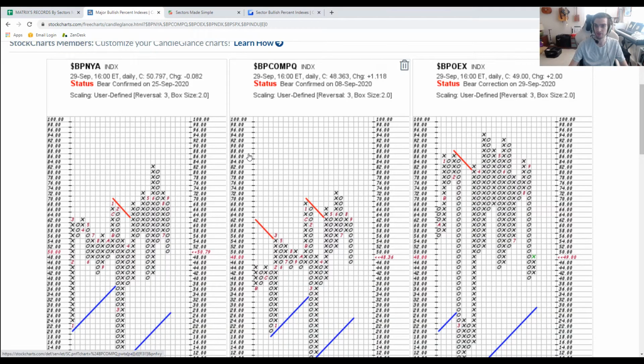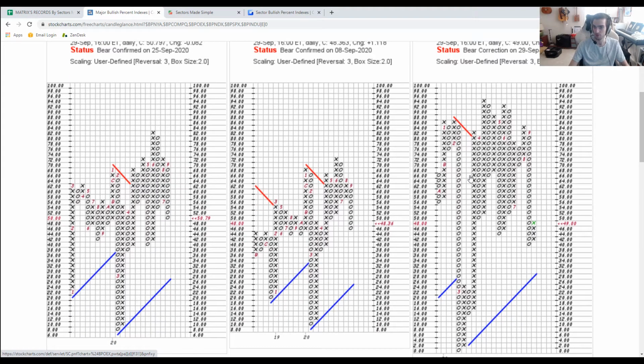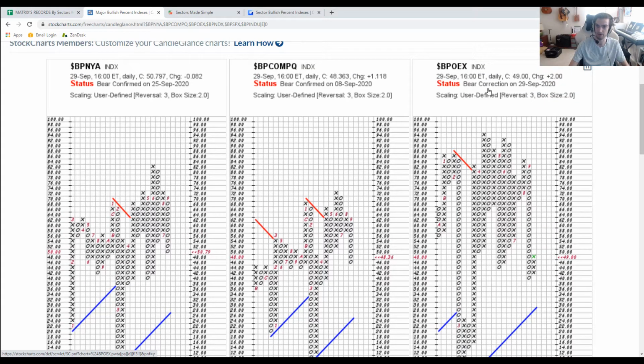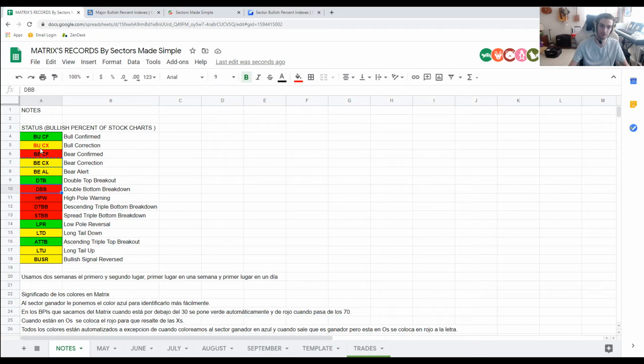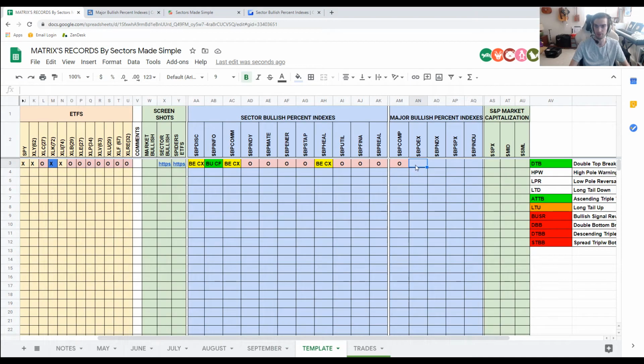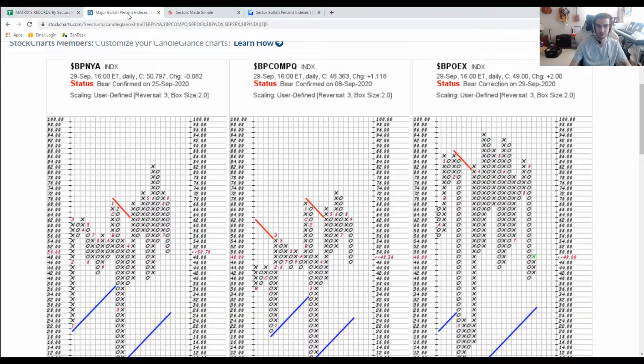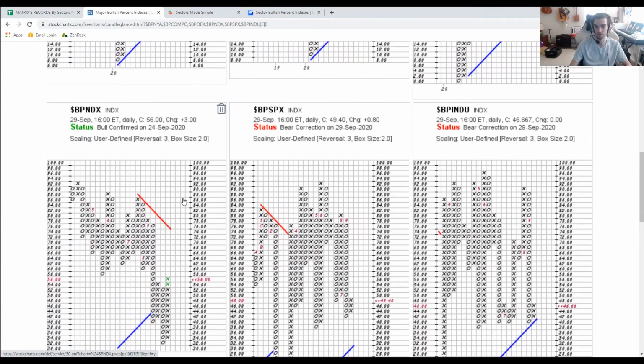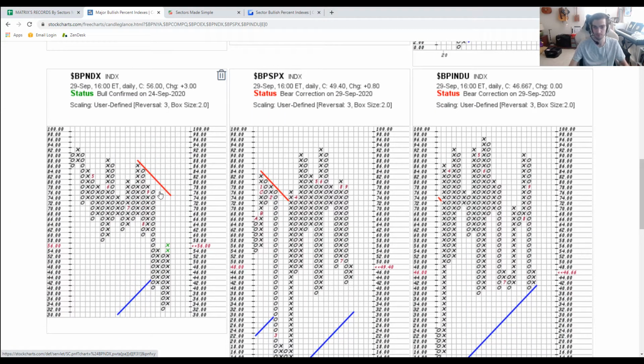BP OEX, which is our S&P 100, bear correction today. So we'll go to our notes, we'll grab our bear correction and put that in right here. NDX, which is our NASDAQ 100, bull confirmed on 24th, not today.